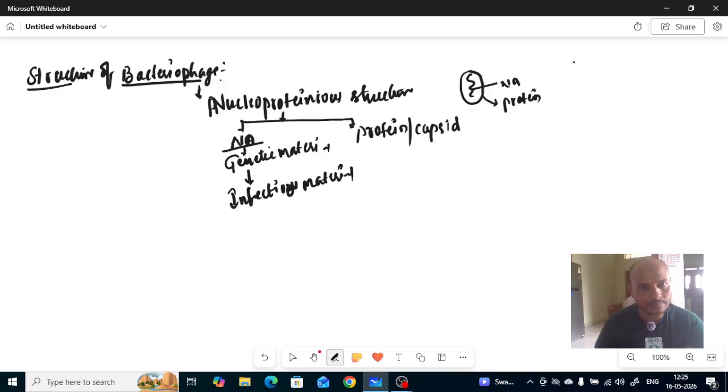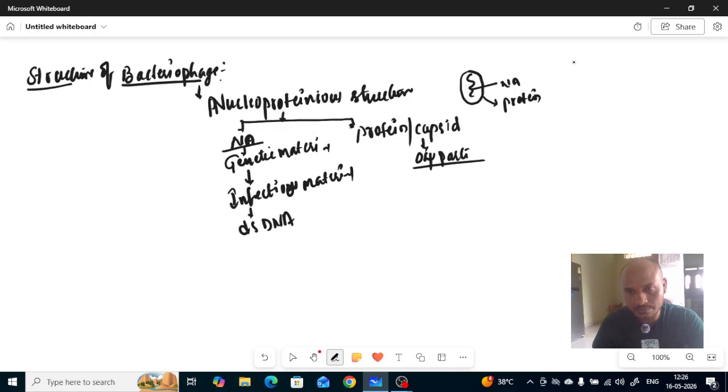Generally, most bacteriophages have double-stranded DNA as genetic material. Now coming to protein or capsid, it generally forms four parts. Look at the diagram.